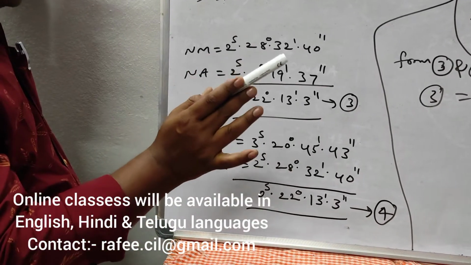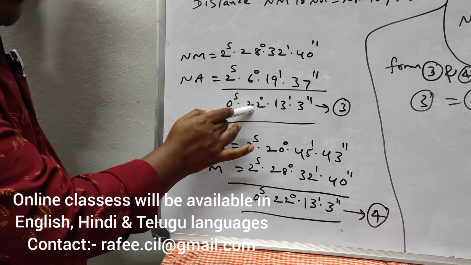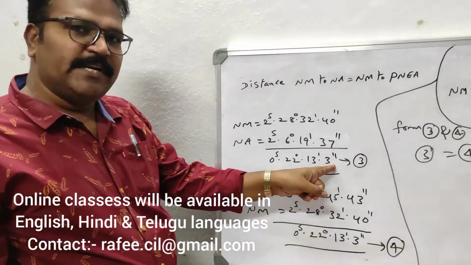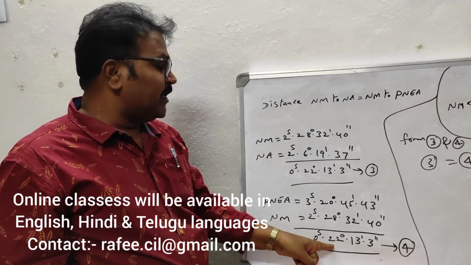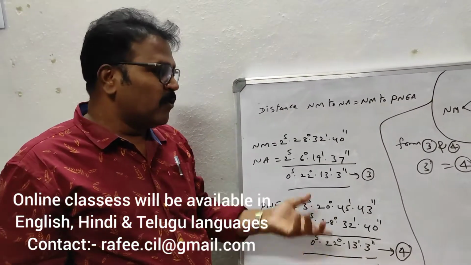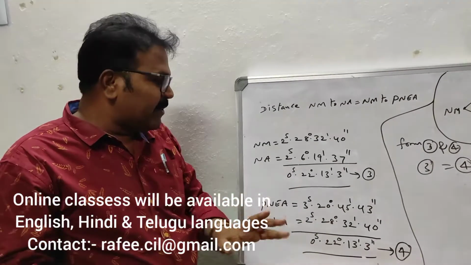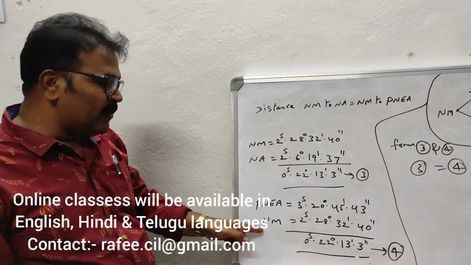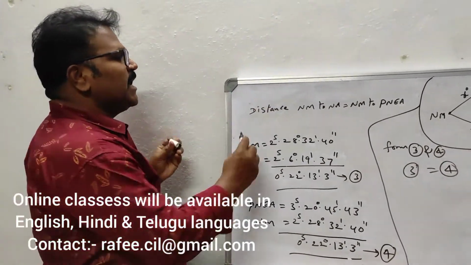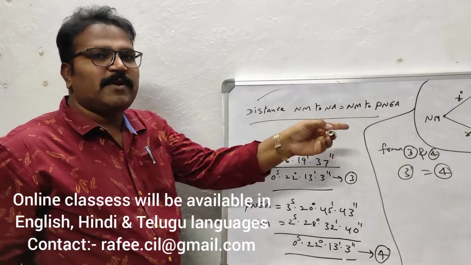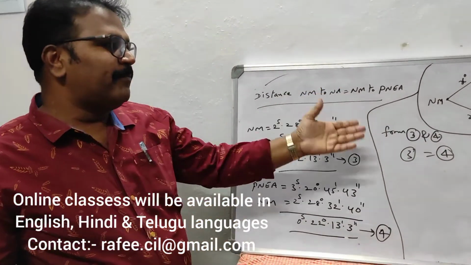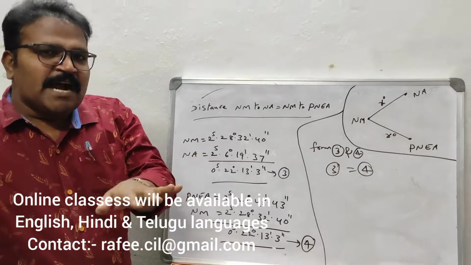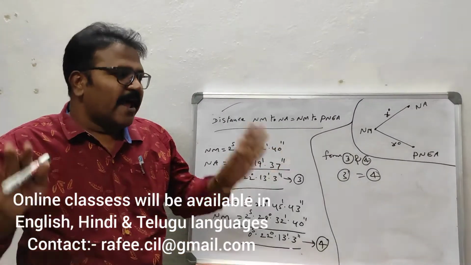So here you can see equation 3 is equal to equation 4, both 22 degrees, 13 minutes, 3 seconds. That means the distance between NM and NA and the distance between PNEA and NM are equal. This formula is satisfied, so we can say boldly that the PNE date and PNE time we got are 100% right.